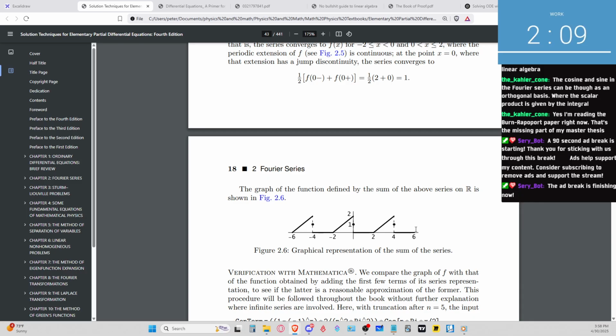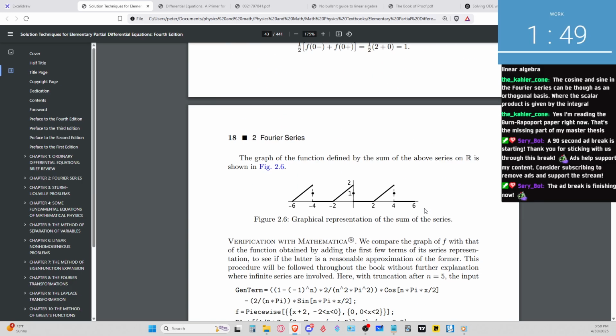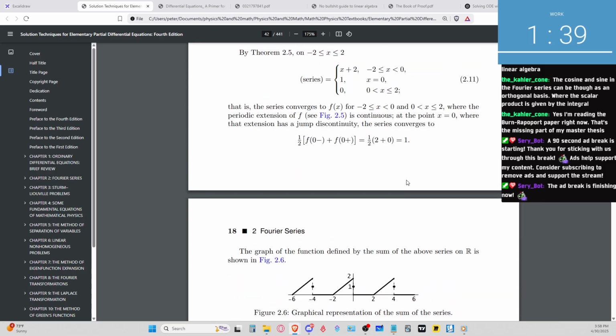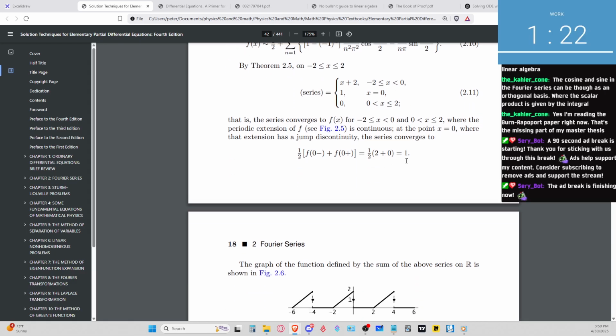The graph of the function defines the sum. So from here and here, so this one is x plus 2.